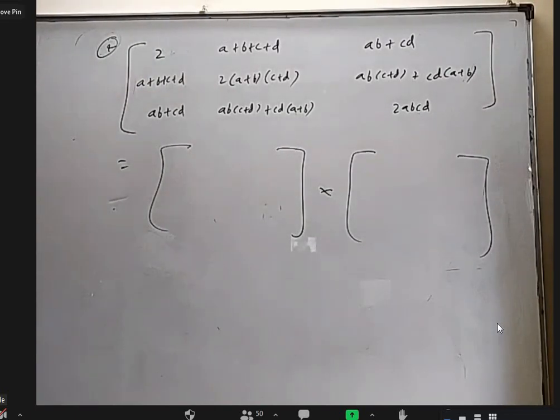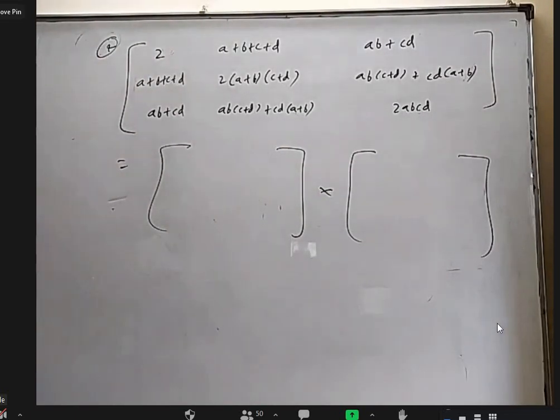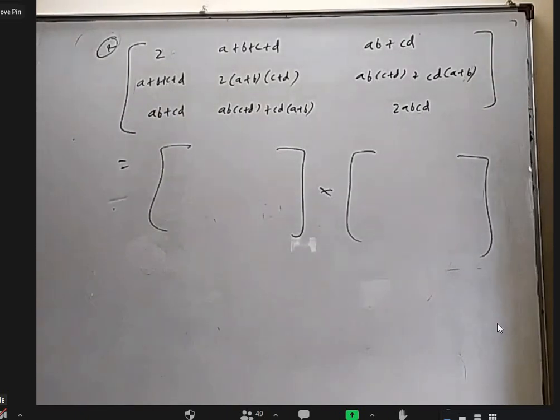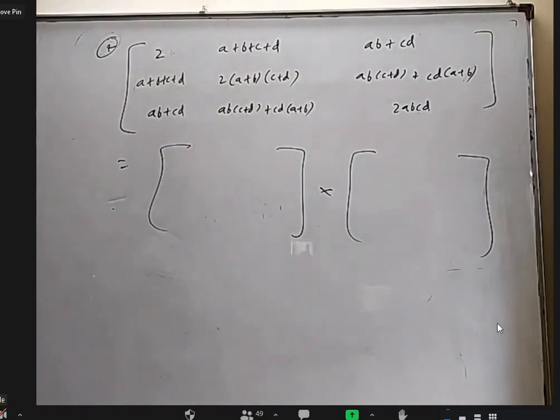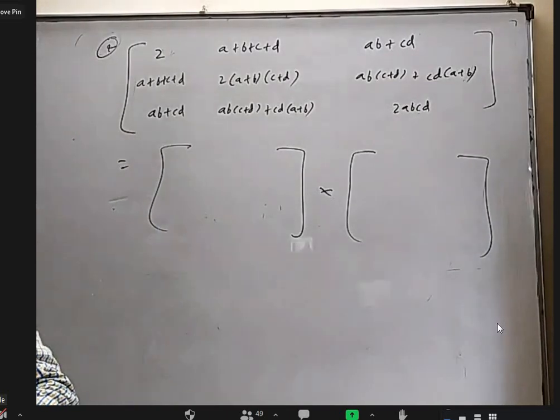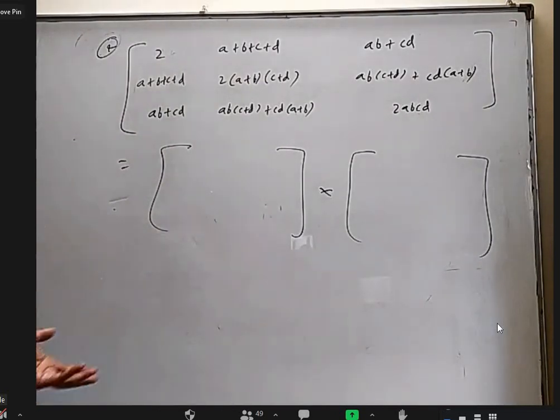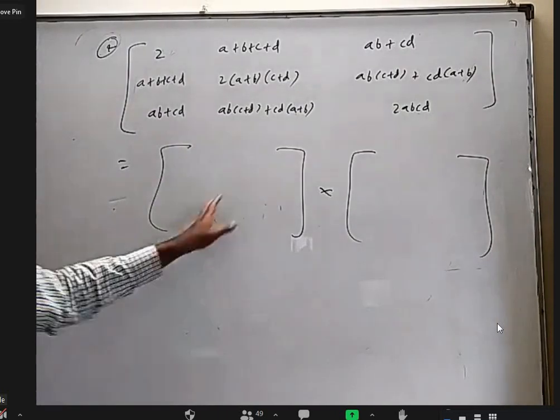If first row is not helping you to get an idea, you can use second row. If that is not helping you, you can use third row. So, do we need to first expand this? Up to you. I'm not giving an idea. You want to expand it, you want to split it, whatever you want to, but I want it should be written as product of.